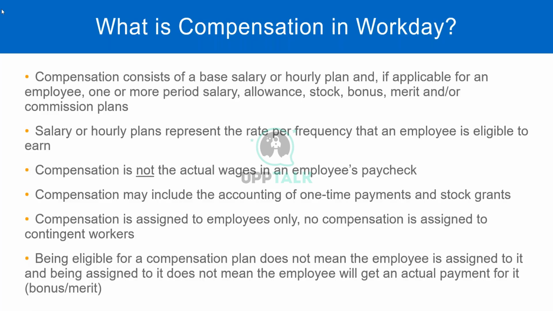That is how we typically talk about the salary. So this is how we will represent the compensation. Whenever we enter the amount, it has to be the rate per frequency. How often are you going to pay that amount?